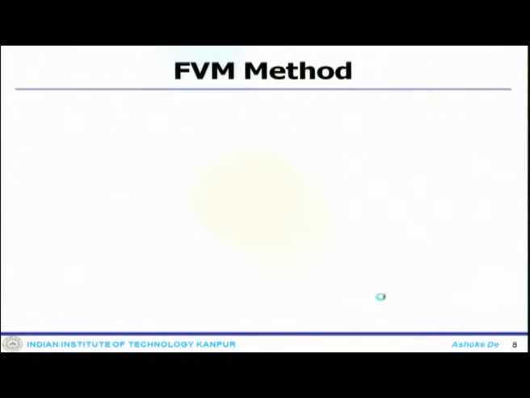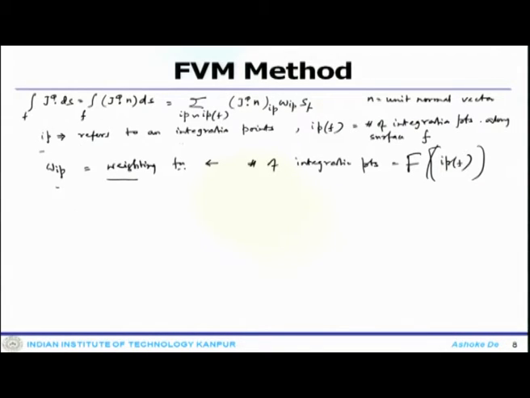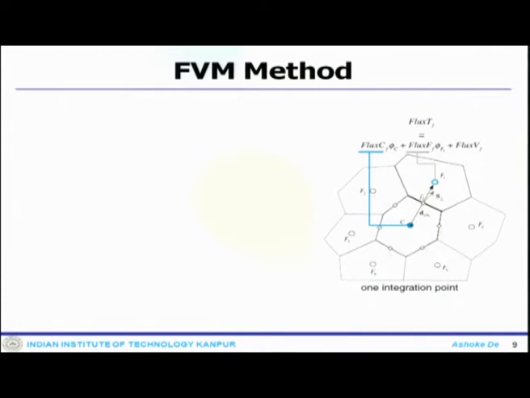As I have mentioned, IP refers to the integration points and IPF is the number of integration points along the surface F. So this is a particular surface, which is connected with F1 and I have 1 integration point. So in this case IP is 1 and also WIP would be 1. So, I get a nice calculation for the flux calculations.